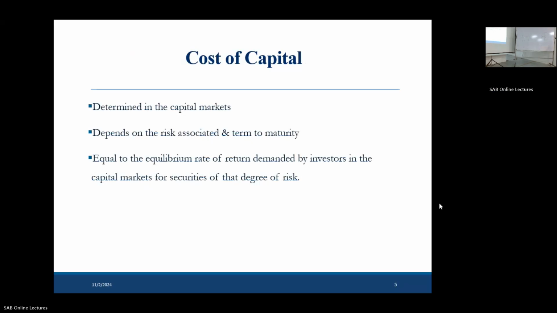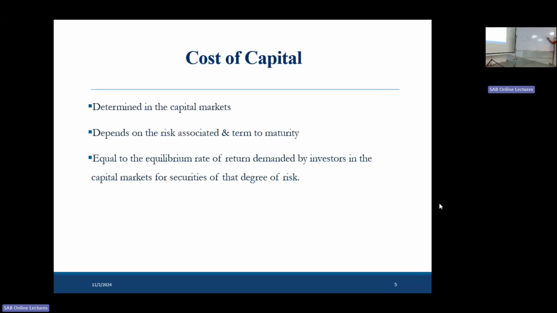Now, if you can invest in the equity of my company and also in the debentures of my company, are your required rates of return the same? No, you know the reason. What is the reason?